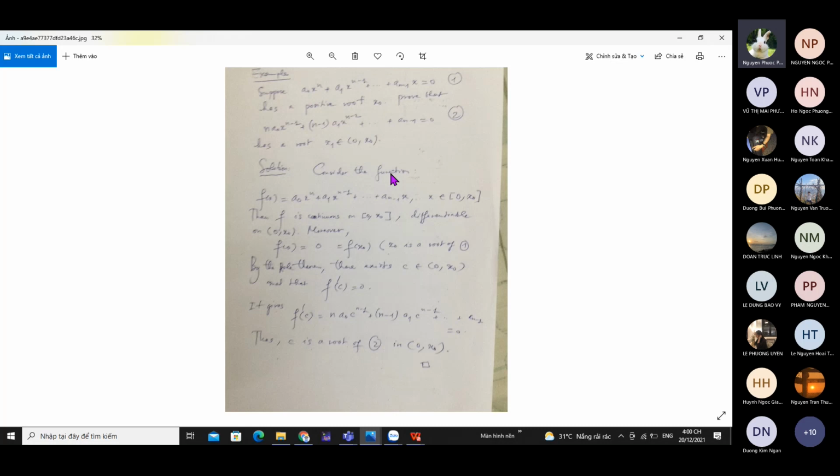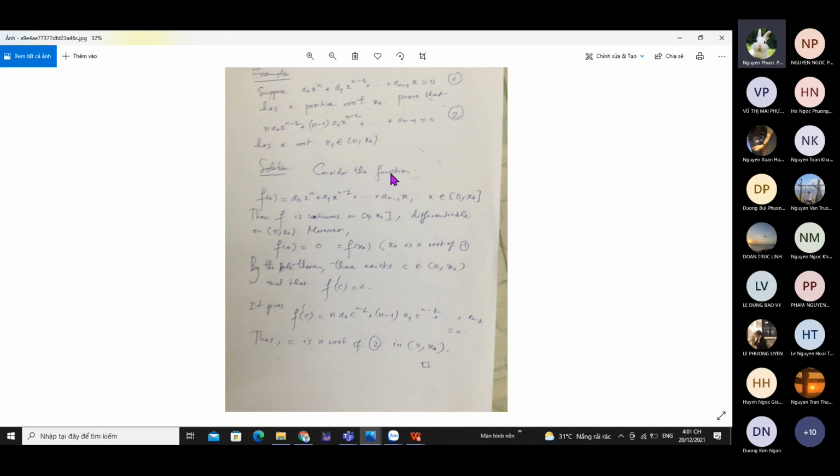Now we want to show that equation number 2, n a0 times x to the n minus 1 plus (n minus 1) a1 x to the n minus 2 and so on until a_{n-1} equals 0, has a root x1 in the open interval (0, x0).